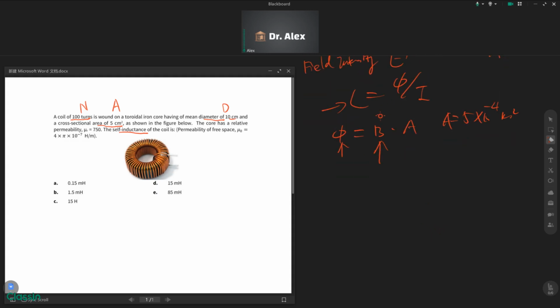So how to get the value of B? This is the equation about magnetic field, about the magnetic flux density, about the current. So we must remember Ampere's law, right? One of the Maxwell equations. Which is the closed integral of H dl equals the total current.